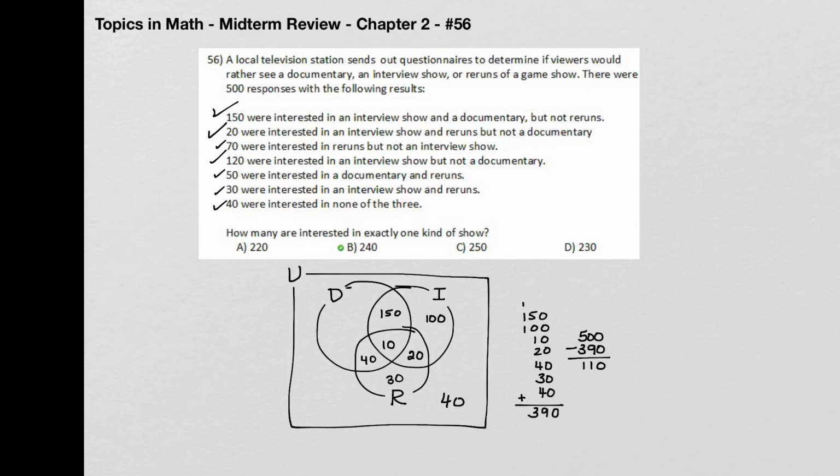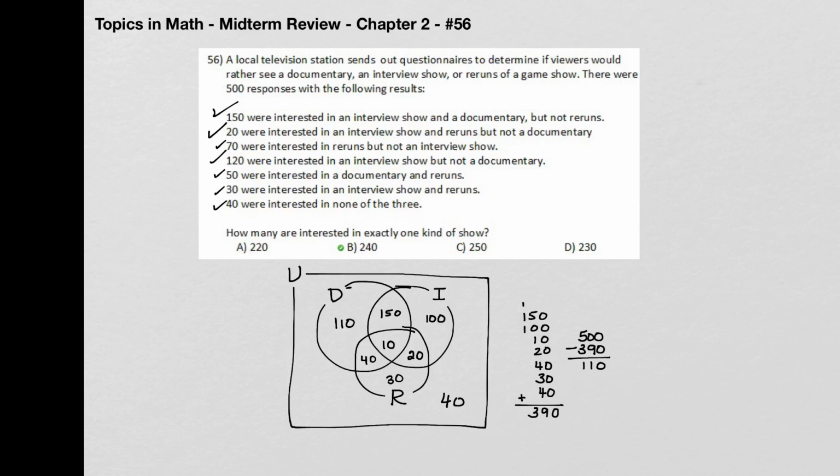Notice that there are 7 sections, so 7 numbers. Make sure that you have 7 numbers listed that you're adding up. That added up to 390. We knew that there were 500 respondents, so take away the 390 we've already counted, that leaves 110 that didn't fall into any other section. So I will put that in the documentary only portion of the circle.